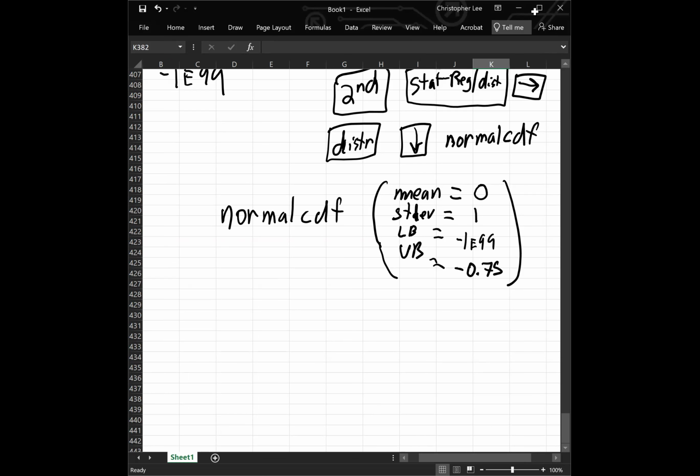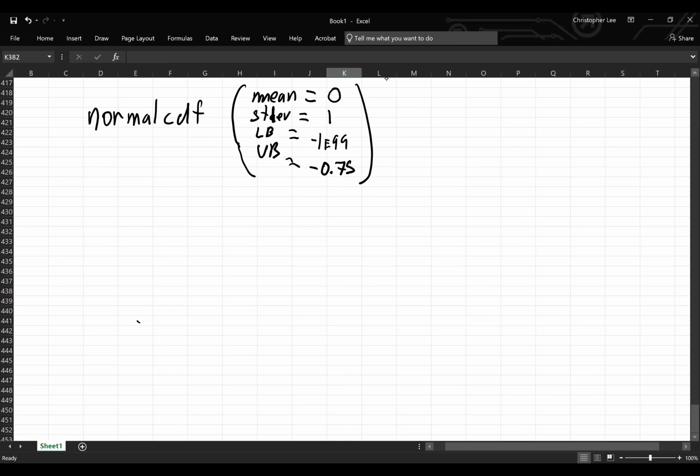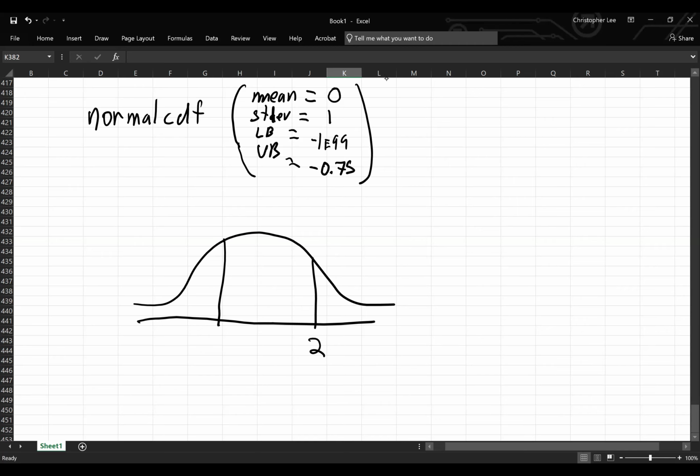Now, hypothetically speaking, let's say that the distribution was like this, right? And I was looking for something in between two numbers. Let's say that this was 2 and this was like -0.7, and I'm standing right here in the middle.